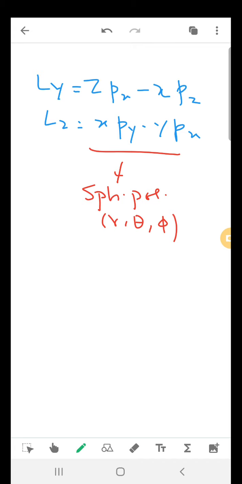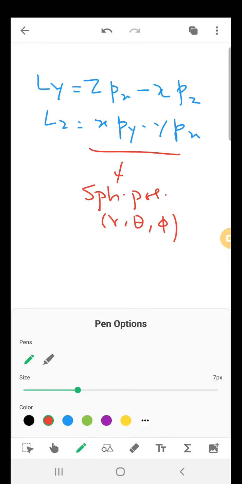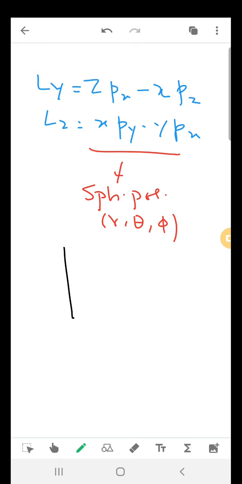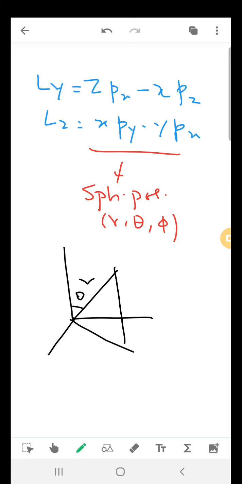If we draw the diagram of the position coordinates, Cartesian to spherical polar, this is r, this is theta, and this is phi.